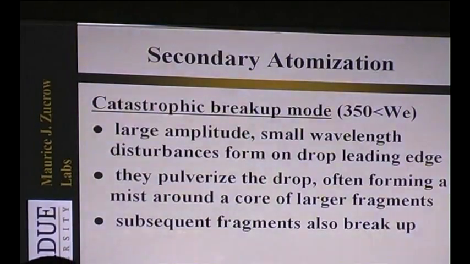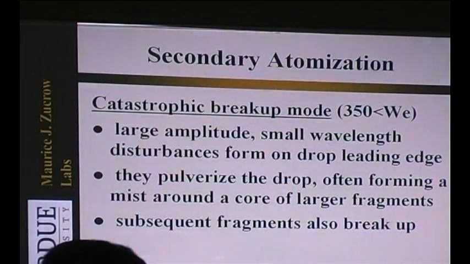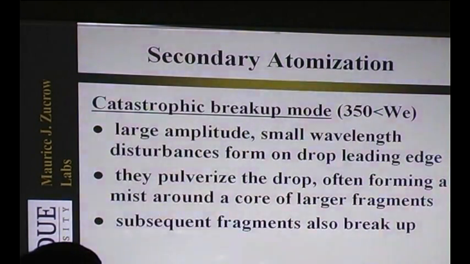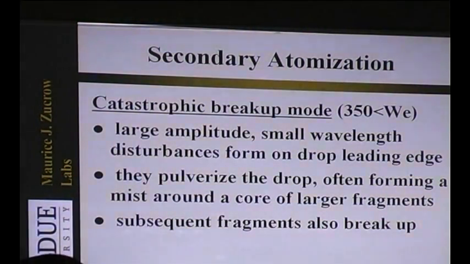And it was also subject to some controversy because some of the work that was done in that group strongly suggested that this was a transverse instability mechanism that corrugated the leading edge of the drop with large amplitude, fairly small wavelength disturbances.